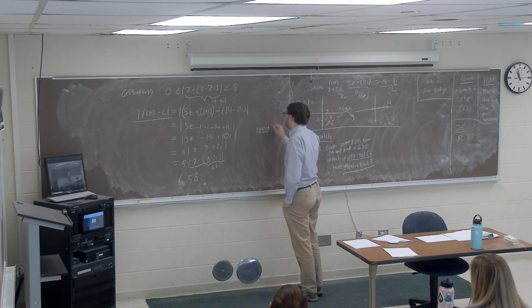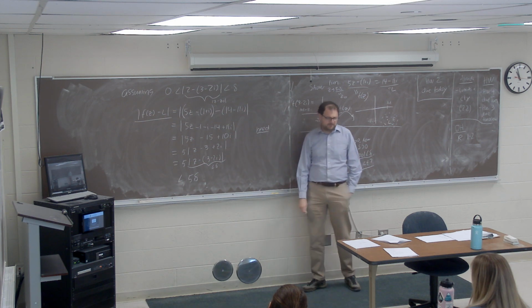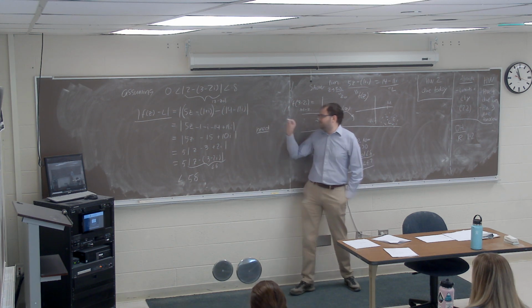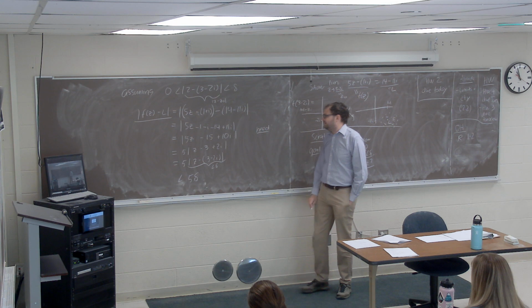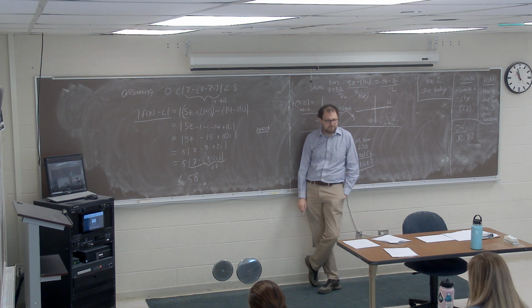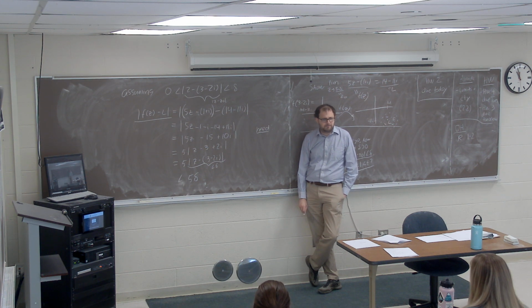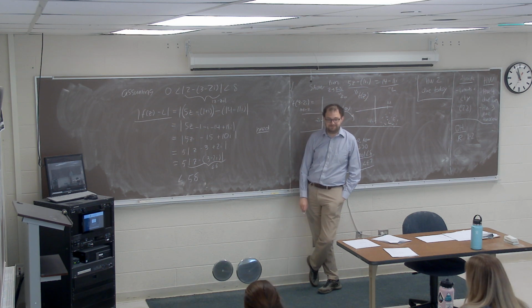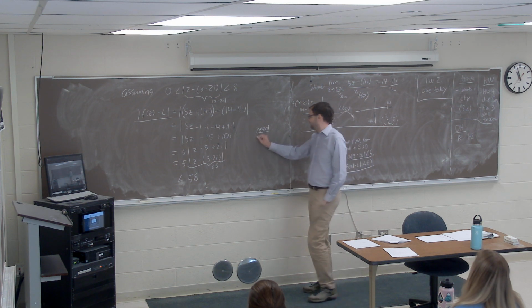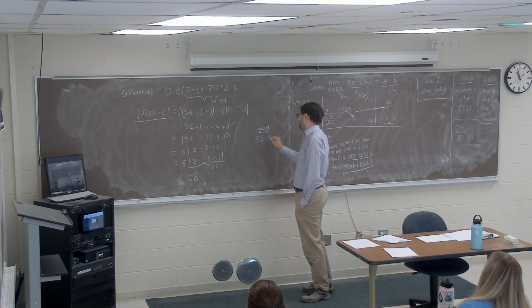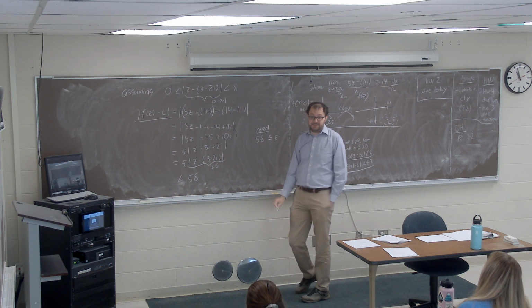Yeah. So, where does that leave us? What has to be true about delta in order for absolute value of f of z minus L to be less than epsilon? Or maybe what has to be true about 5 delta, let's say? It doesn't have to be equal to, but it has to be less than or equal to epsilon.